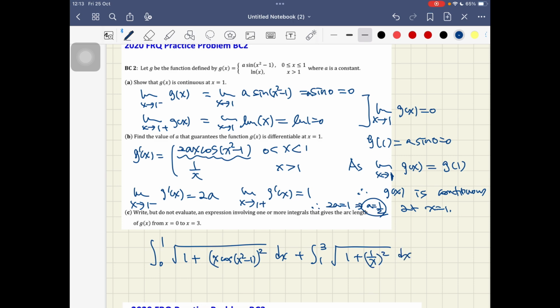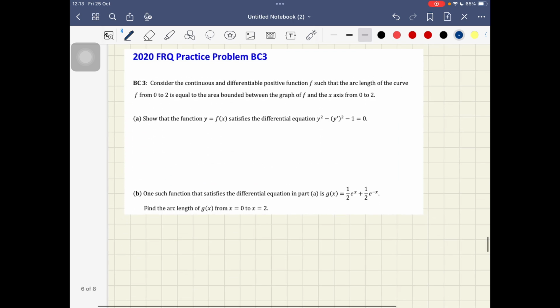That's it. Number 3, differential equation, continuous and differentiable, 0 to 2. So show that it satisfies the differential equation.